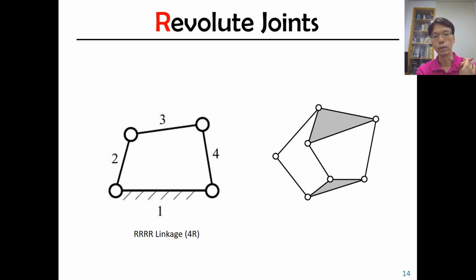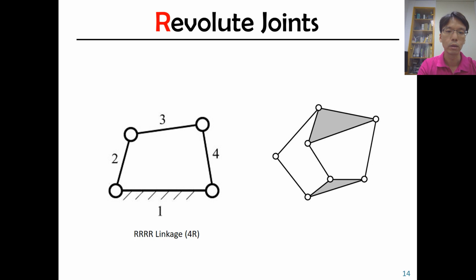So revolute joints we've mentioned a lot. A revolute joint makes 2 links perform relative revolute motions. We've said this a lot, so I'm just going to quickly go through them. And this one is the 4-bar mechanism we used several times.